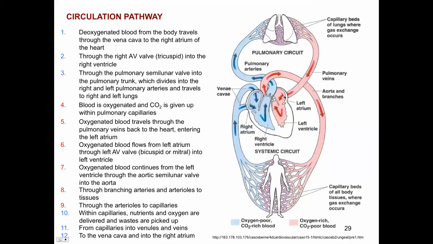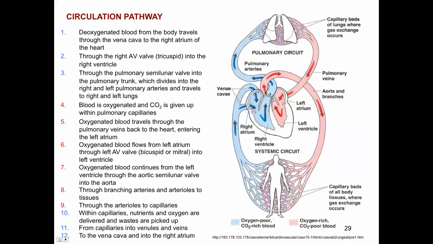Then from the left atrium, blood is going to go through the bicuspid valve, or the mitral valve, that's the common name, into the left ventricle. So left atrium, bicuspid valve, left ventricle, and then it's pumped through the aorta, through the aortic valve, and out to the body.